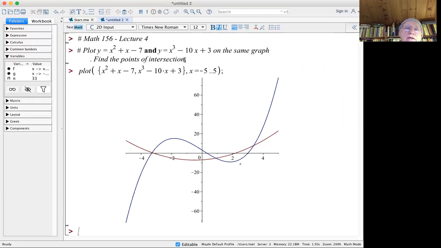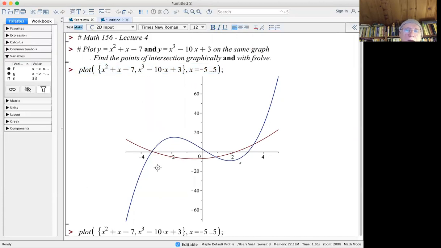Let's say I want to find the points of intersection graphically and with the command fsolve. So let's just blow up the curves around these 3 points and get a better idea of what the coordinates of the point of intersection are.